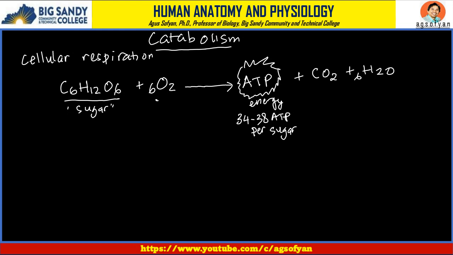Again, we have to make the formula balance. The number of atoms on the left side should be similar to the right side. So this is catabolism, which breaks down bigger molecules, in this case sugar, into smaller molecules. And the primary product that we get from cellular respiration is called ATP.